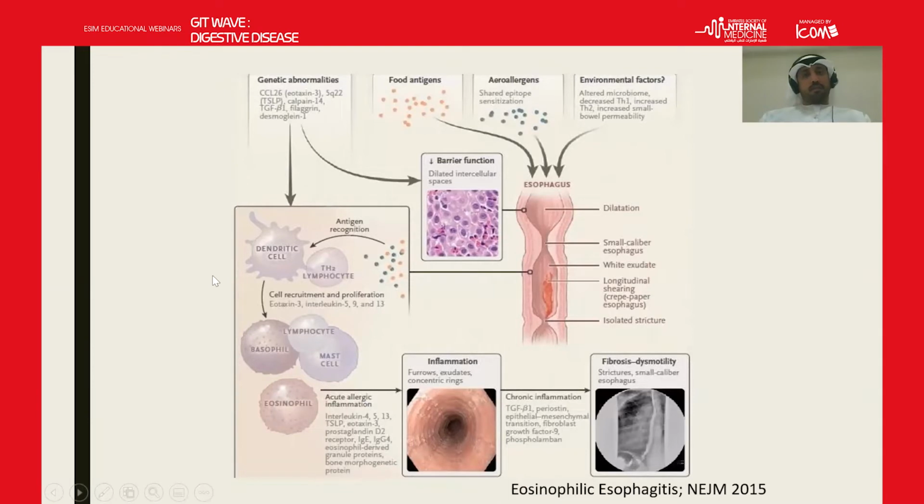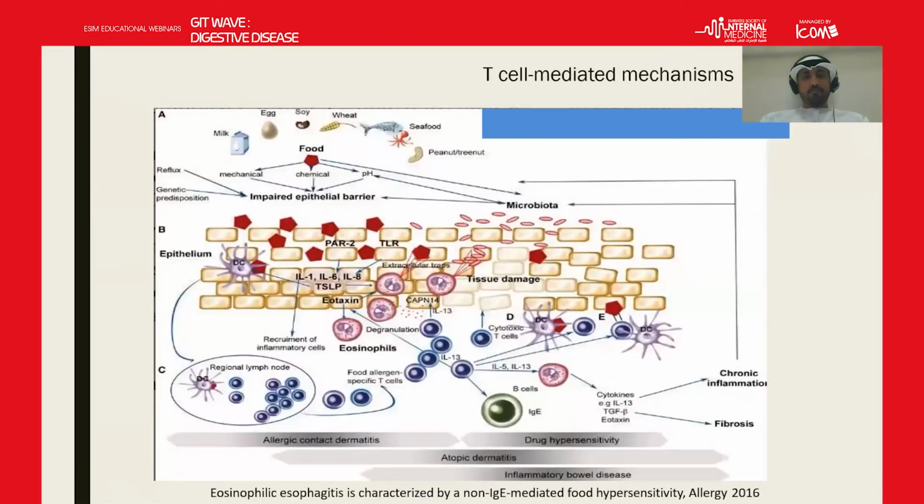Again, this picture shows the different cofactors that come together and lead to developing eosinophilic esophagitis, and lead to inflammation and finally fibrosis and dysmotility. The reason I put this picture is to understand the part of the pathway that leads to developing EOE.